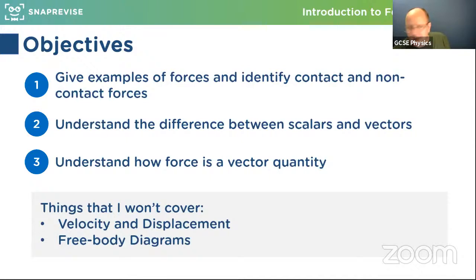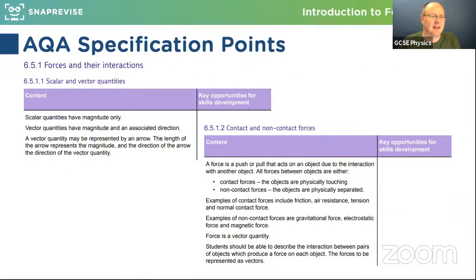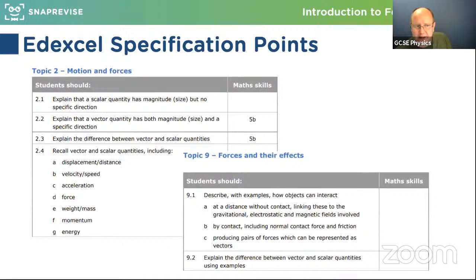Okay, so examples of forces, contact and non-contact, difference between scalars and vectors, and how force is a vector quantity. And so the AQA points, just understanding what contact and non-contact forces are, knowing what a scalar and a vector quantity is, giving examples of non-contact and contact forces. And essentially, the Edexcel and the OCR specifications cover the same points.